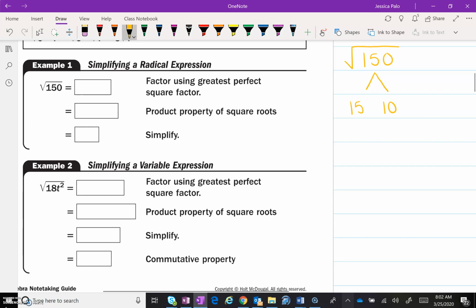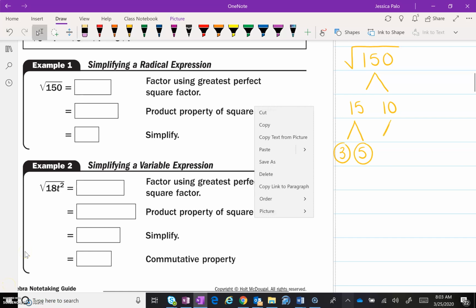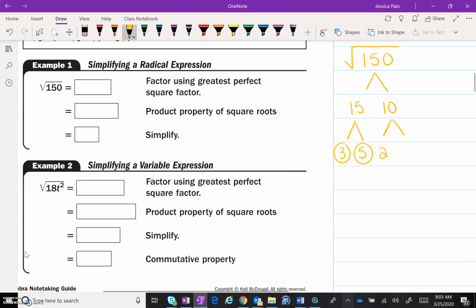Neither of those factors are prime, so we are going to continue with our factorization here. 15 is 3 times 5. Both of those are prime numbers. And 10 is 2 times 5. Both of those are prime numbers. So we have prime factored 150.